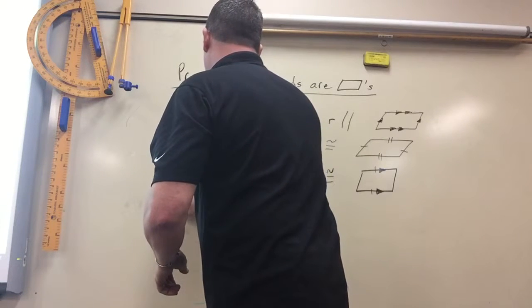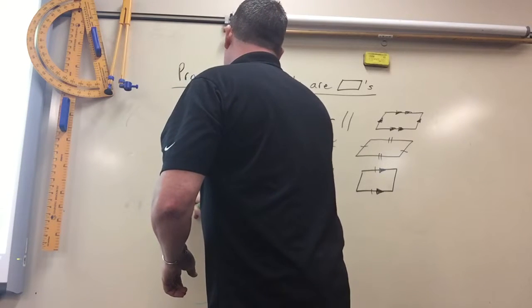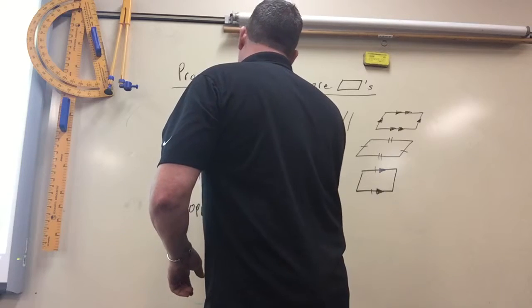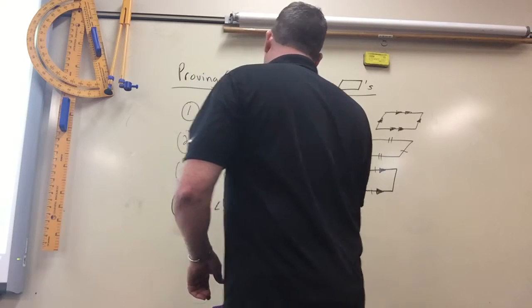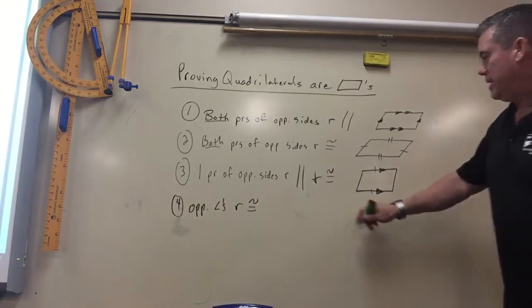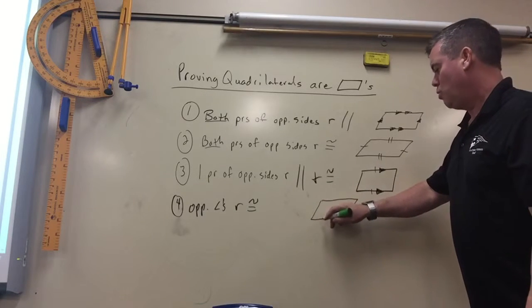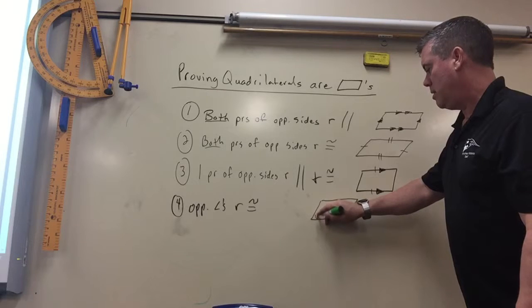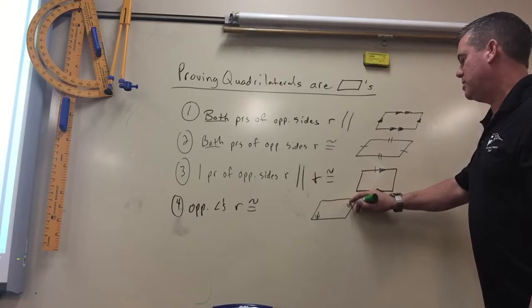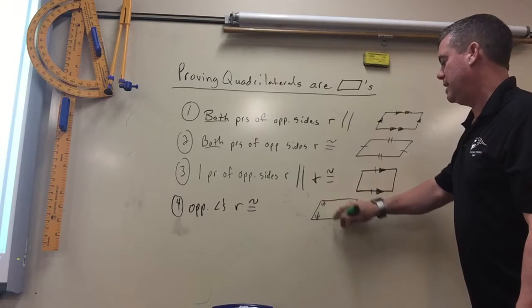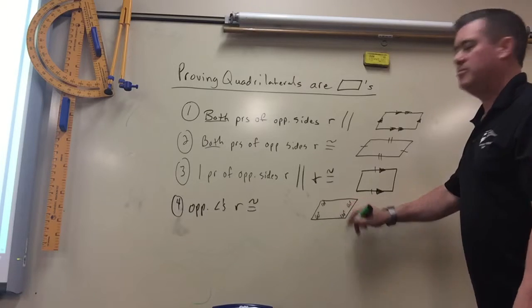Then, someone said it before right away, opposite angles are congruent. So if you see a picture like this, where this is 60 and that's 60 and this is 120 and that's 120, okay?